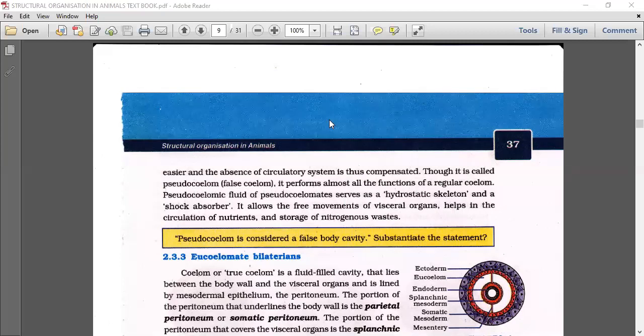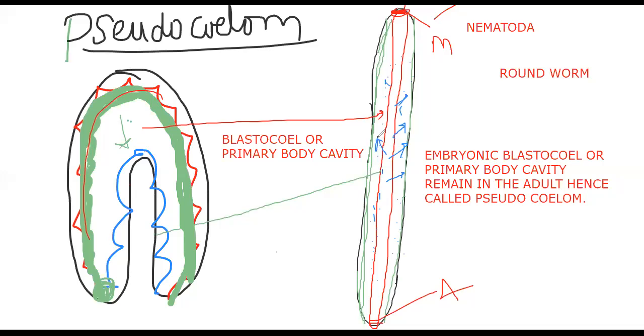This fluid acts like a circulatory system for supply of nutrients and collection of nitrogenous wastes. Almost all coelom activities are done by this, but the only problem here is the alimentary canal is non-muscular. Mesoderm is not coming, that's why this gut is non-muscular in the pseudocoelomate condition.